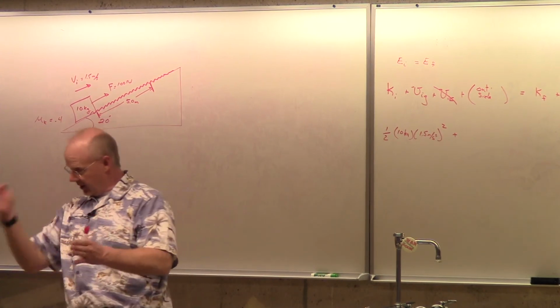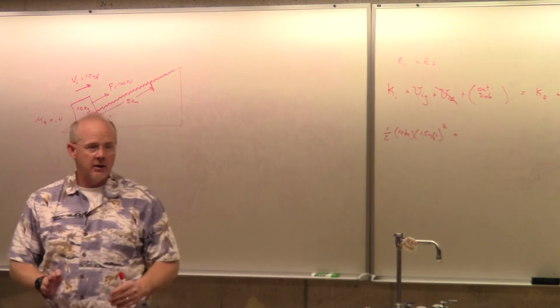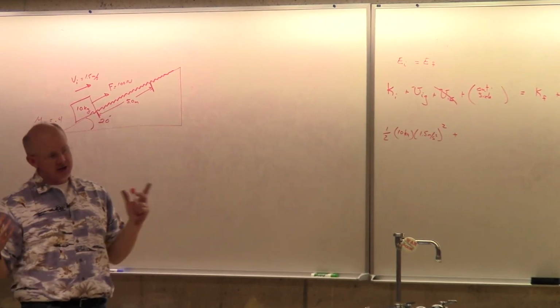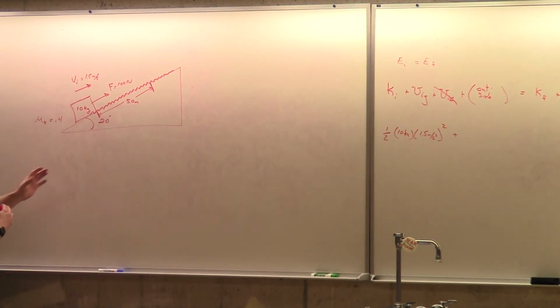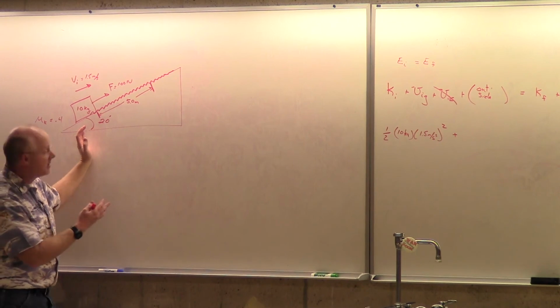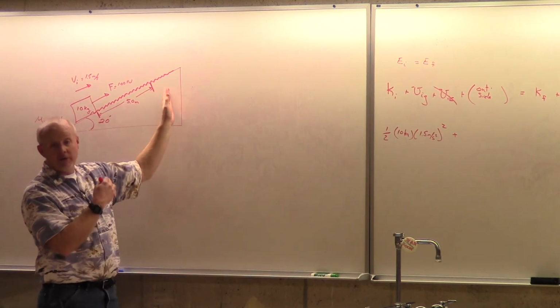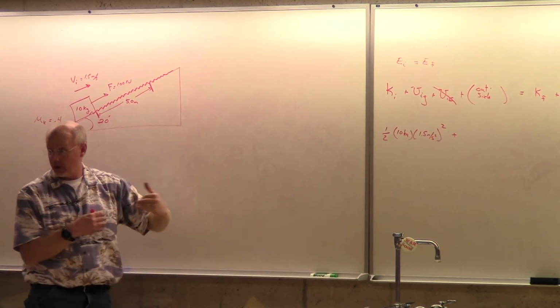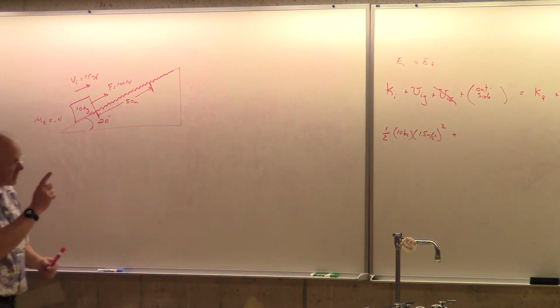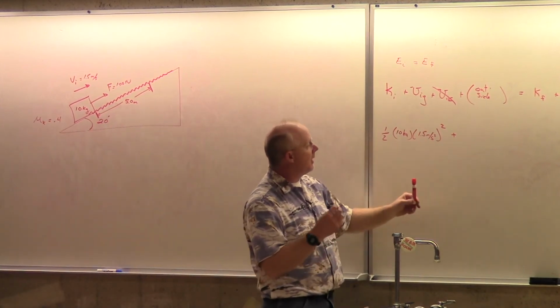Could be here and here, here and here, anywhere you want. Okay? And so, of course, in my case, since I am given this information, it makes sense to call this initial. They're asking what is it over here, so this is going to be my final after I pull it up 5 meters. So this is my initial speed, 1.5.